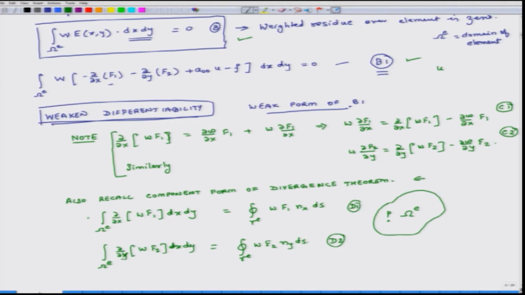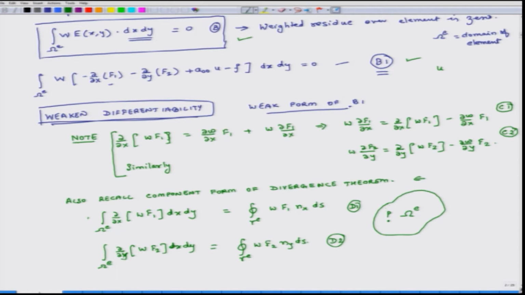I multiply it by the weight function, which is also a function of x and y. So, at any point p I calculate this product w and f1, and then partially differentiate it with respect to x, so I will get some number, and then I integrate that function over the domain.